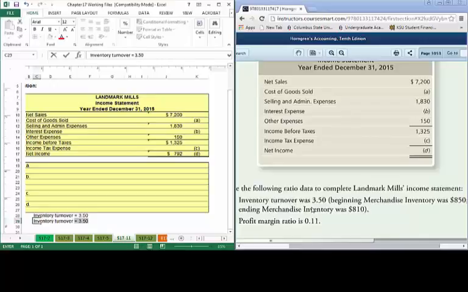So my inventory turnover is equal to my cost of goods sold. Okay, so it's equal to cost of goods sold divided by average merchandise inventory.